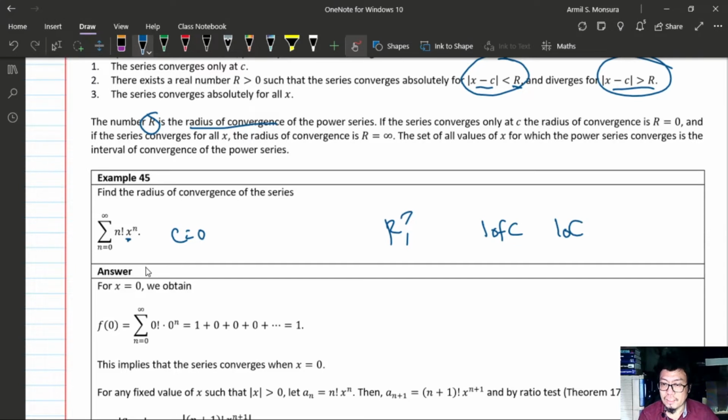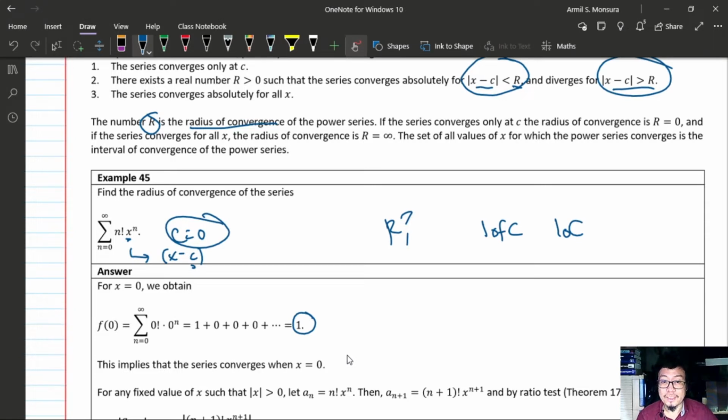If the center were other than 0, it would have been x minus c, where c is a constant number. But since we don't see that c here, it means that c is equal to 0. Therefore, the center of your series is at 0. If we substitute 0 here, we will find a sum, which is 1.